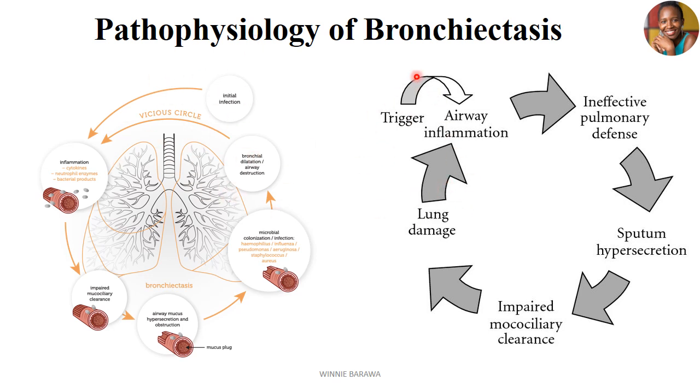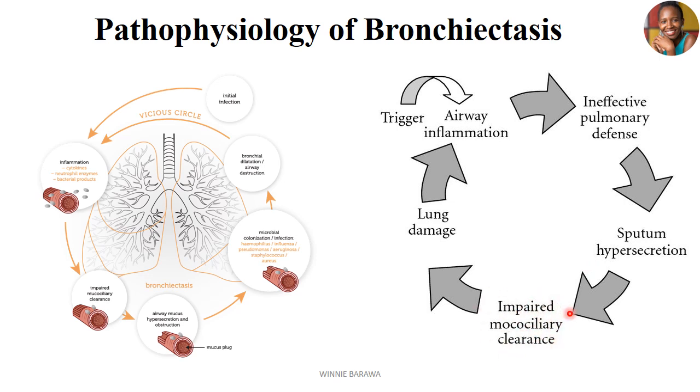But here is a clearer picture that looks at the triggers. The triggers here, we're talking about the causative agents, possibly the diseases that we mentioned before, like HIV and AIDS, immunocompromised status, causing the inflammatory reaction. And in the presence of the inflammation, we have ineffective pulmonary defenses that cause excess mucus production or excess hypersecretion of fluids, and we impair our mucociliary clearance.